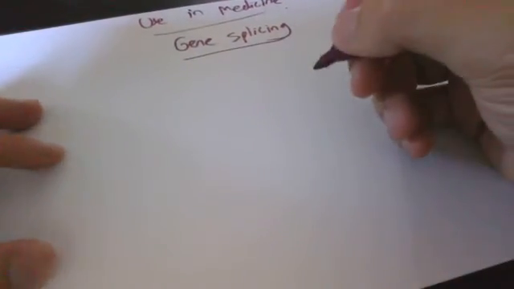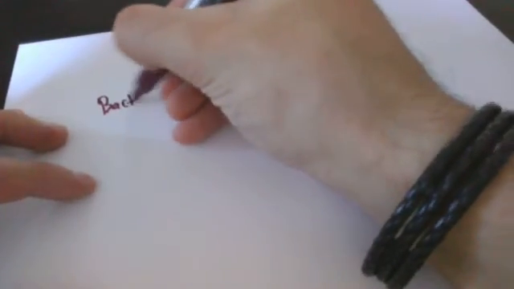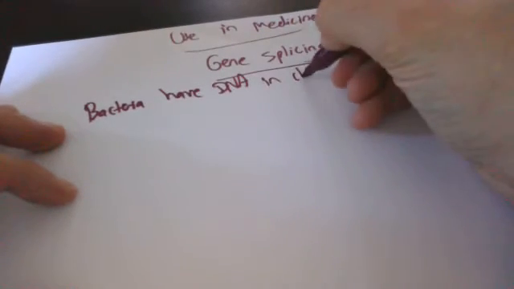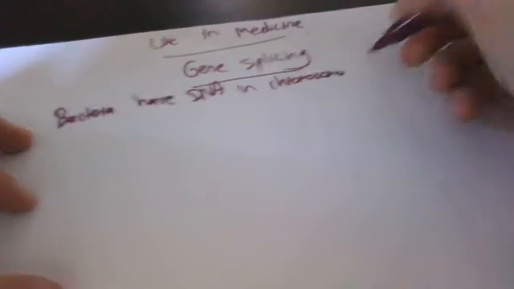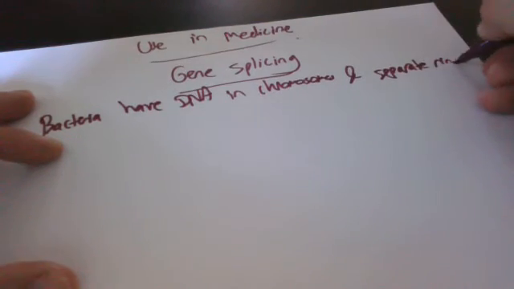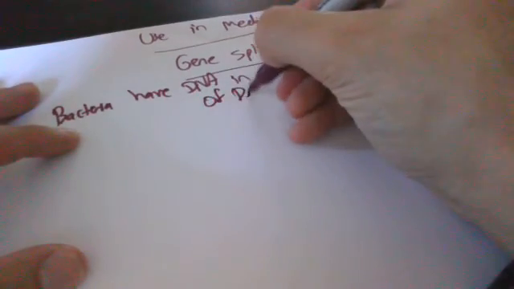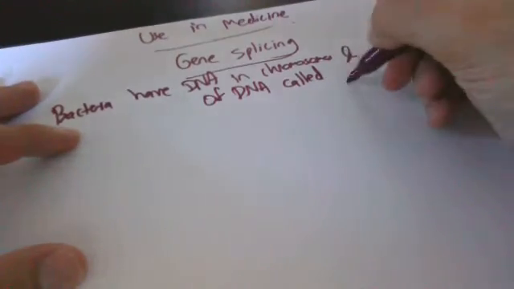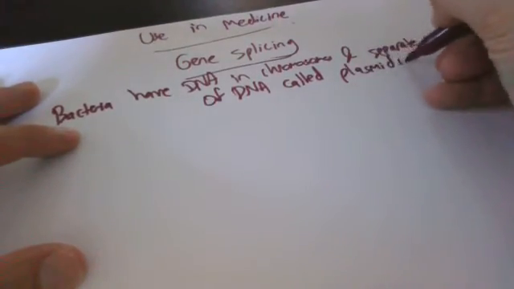Now, let me write that down. Bacteria have DNA in chromosomes, and they've got separate rings of DNA called plasmids. Think of plasma, right?